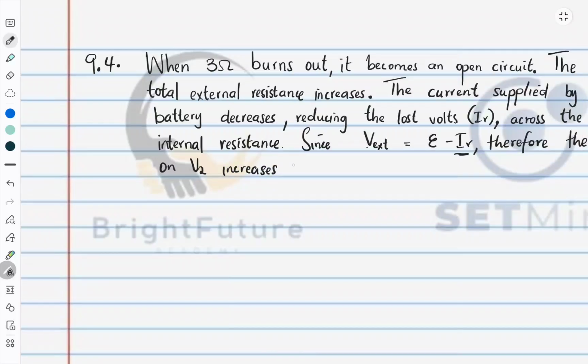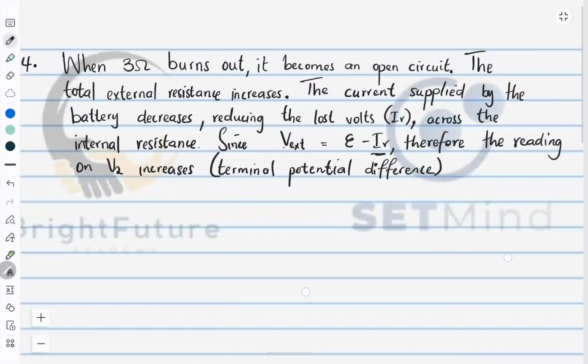So the reading on V2 is simply the terminal potential difference, or the external voltage, Vext. Some people call it the terminal potential difference. I know this looks like a long paragraph, but I know it will make you understand what I'm saying.